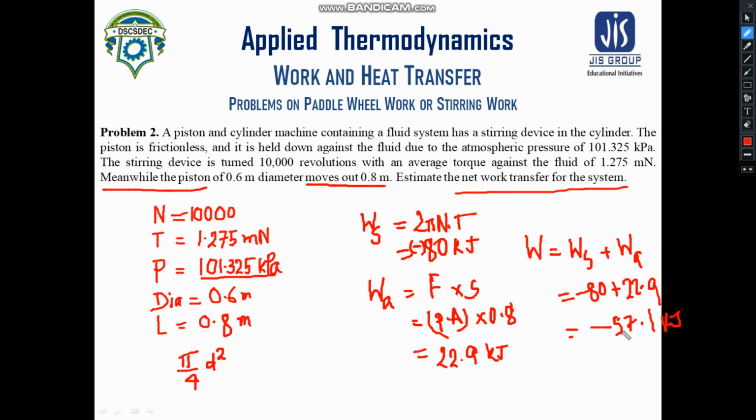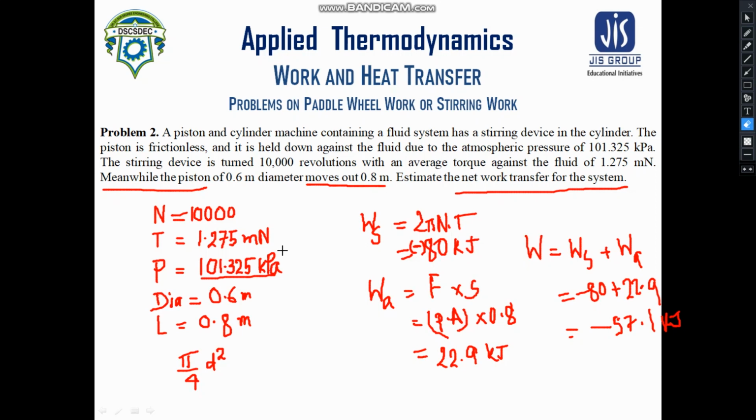If you are able to understand which one of the interacting systems is the surrounding, then you can identify whether the work done is positive or negative. This is very simple, but you just need to concentrate on the problem. You just need to read the problem very minutely so that you can understand the concept of surroundings and system.